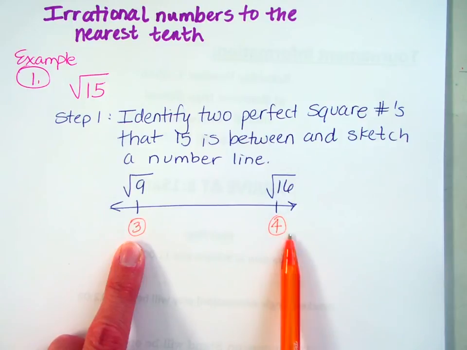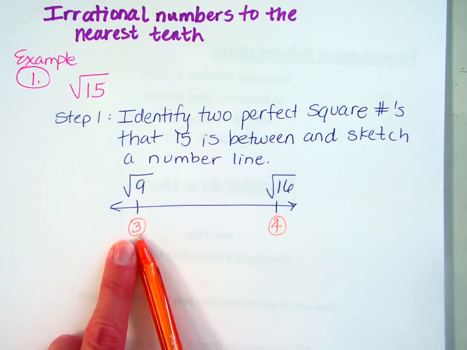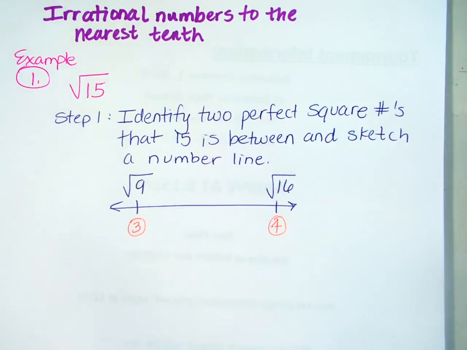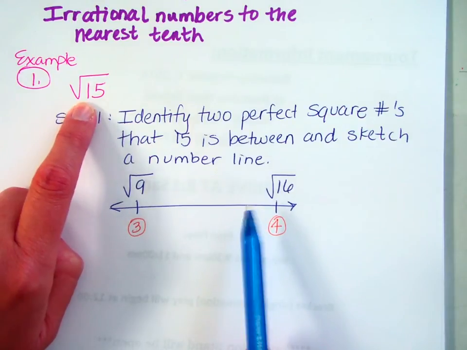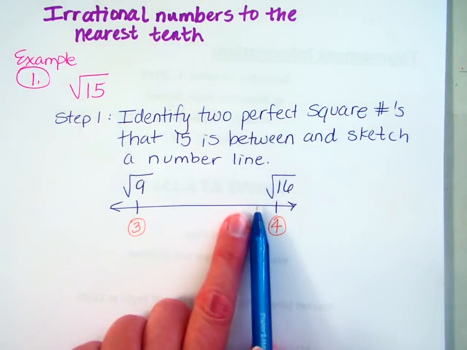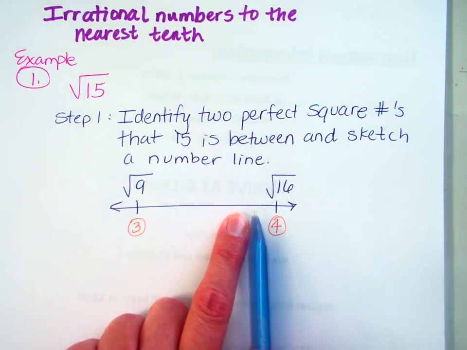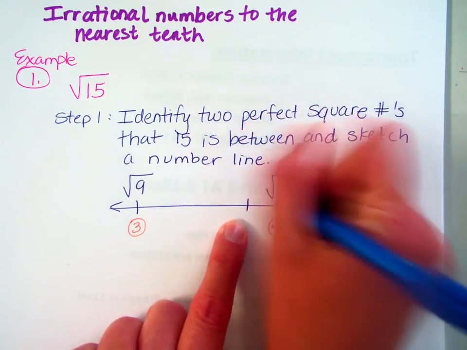Okay, it's going to be bigger than 3, but less than 4. So it's going to be 3 point something, right? We got to figure out that something now. And let's go ahead and put square root of 15 on here as well. It's going to be closer this way, isn't it? Closer to the square root of 16 here.